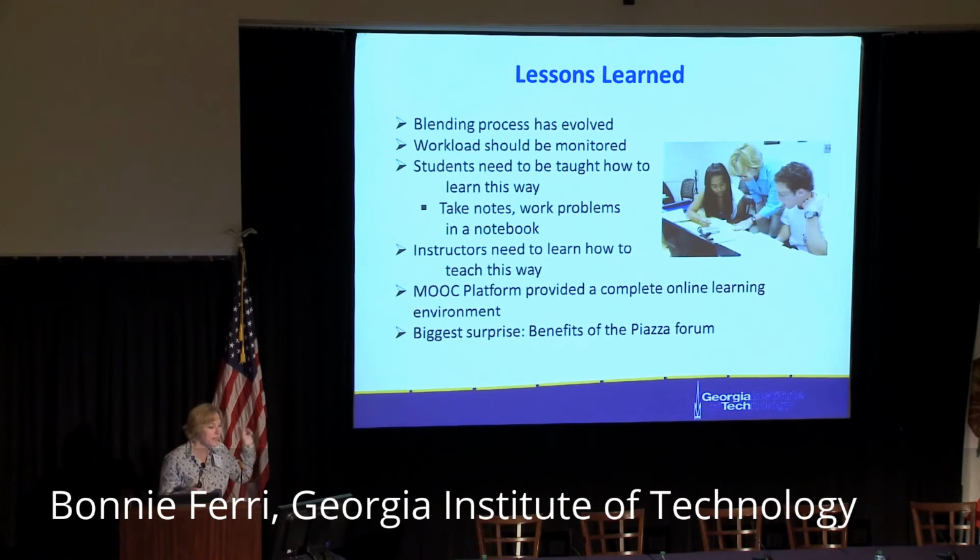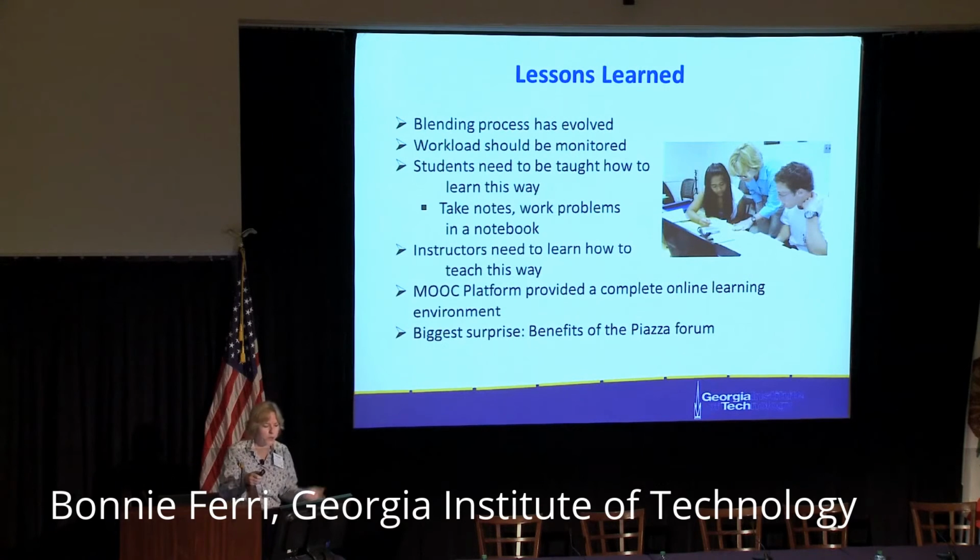The biggest surprise was the benefits of the Piazza Forum. The benefits of the Piazza Forum by working through the MOOC were tremendous, because we have so many people out there in the public who really want to learn this stuff. They're taking this on their own just because they're interested. I have people who have a degree in physics and want to learn this, mathematicians, maybe engineers who just want to refresh their memory.